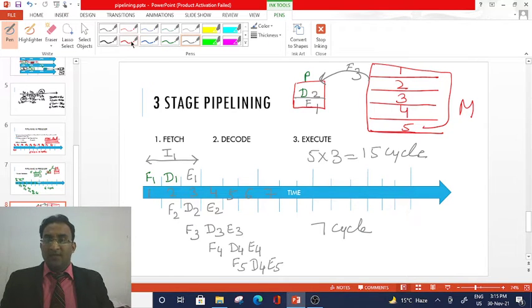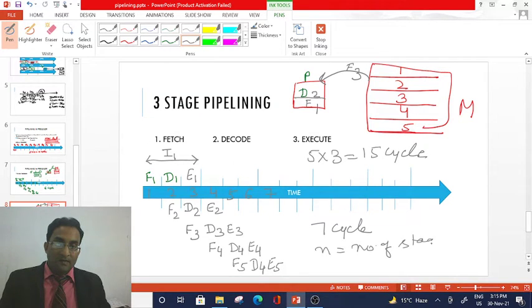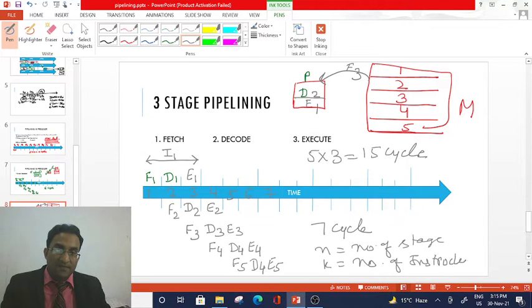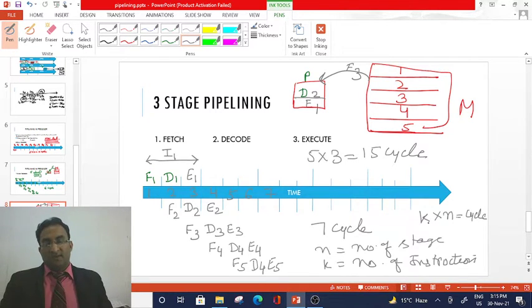Now the last thing is that if we have n equal to the number of stages and k the number of instructions, then a normal processor is going to take k into n cycles, where n is the number of stages and k is the number of instructions, whereas the pipeline processor will take n cycles for the first instruction, where n is the number of stages.